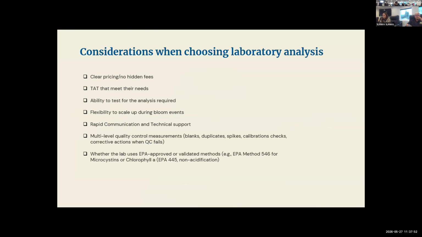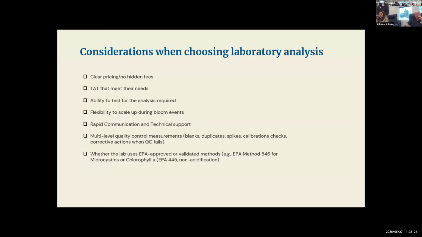Finally, please remember that when choosing an analytical laboratory, you should consider these pillars of trust. Clear pricing with no hidden fees. Look for transparent rates and volume-based models that facilitate your budget planning. Turnaround times that meet your needs. Ensure the lab can deliver results within your project's required timelines, whether standard or expedited.